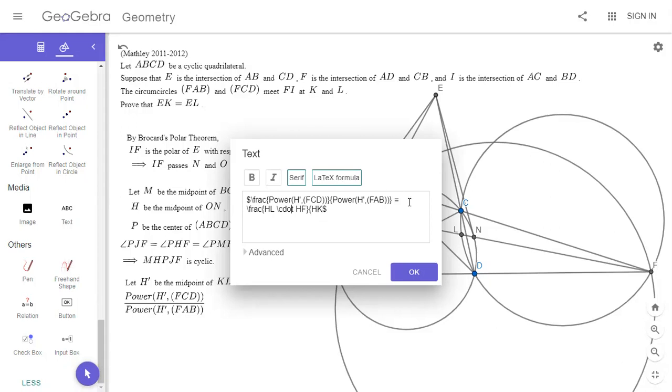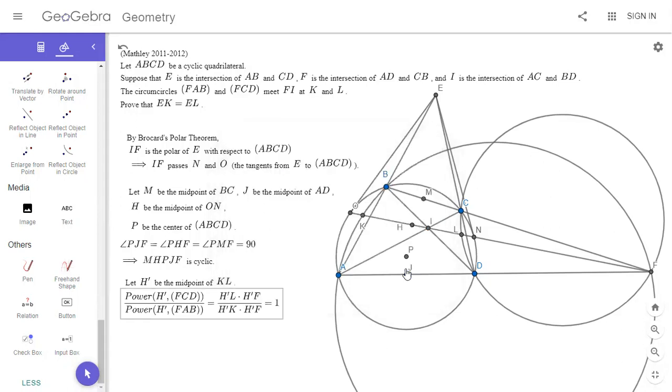Oh, I should put H prime. And that's equal to 1. Is that right? Yeah.